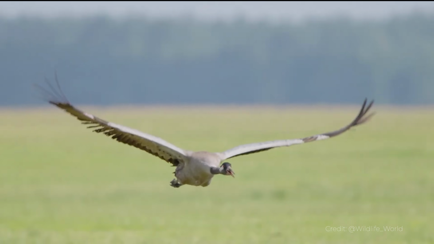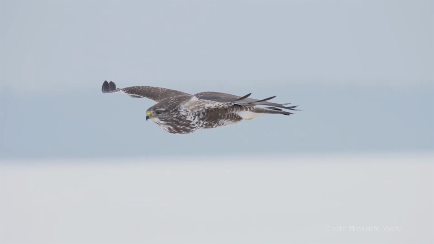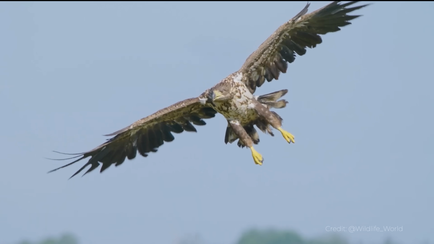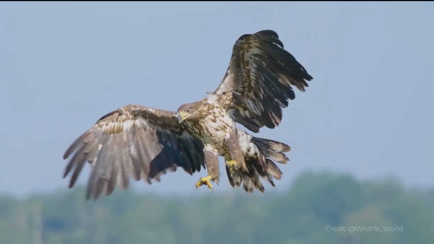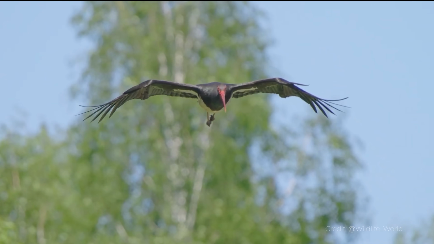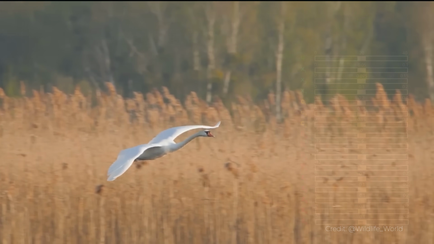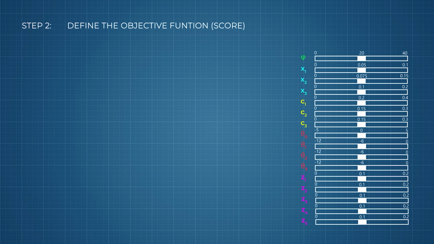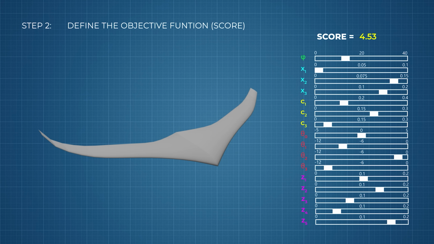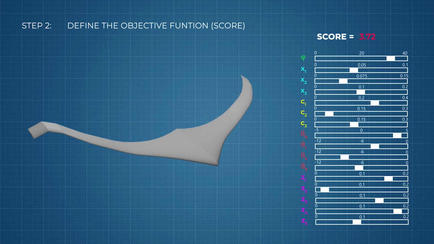A bird also has to stay stable in messy air, survive real loads on its muscles and bones, and make sense in terms of weight and structure. So how do we turn all of that into something a computer can chase? By using a single objective or scoring function. The idea is simple: every wing design gets graded. The better the wing, the higher the score.